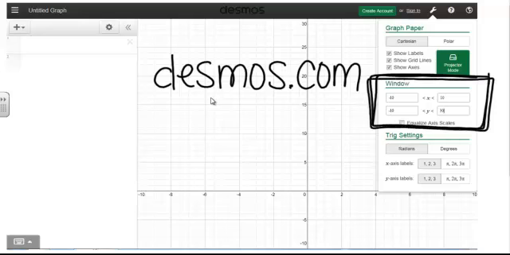The x is your independent variable. It needs to go from -10 to 10. Your y is your dependent variable, and it has to go from -10 to 30. And remember, you can change the window by clicking on that wrench up there at the top.